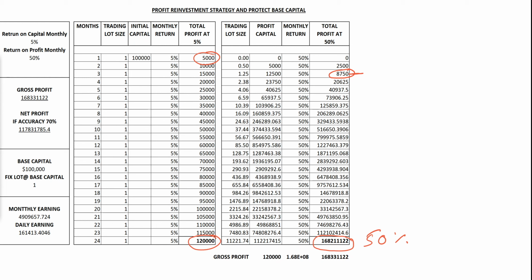But if you see here on 50% profit reinvestment, that's the second MT4, your net profit would be something around 117 million. That's a huge amount. You just have to change your returns on a monthly basis, and your reinvestment profit returns you also have to change accordingly, and the same returns you can get. There's $117 million, as you can see here, at an accuracy of 70%.